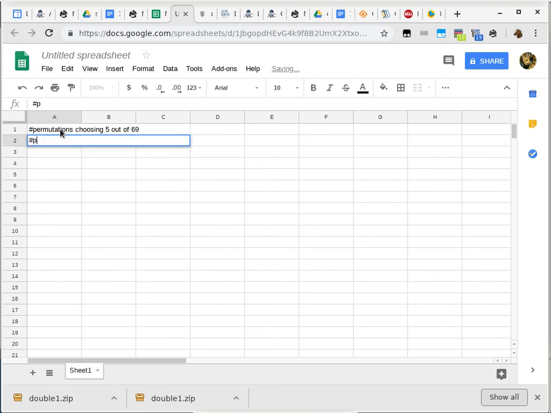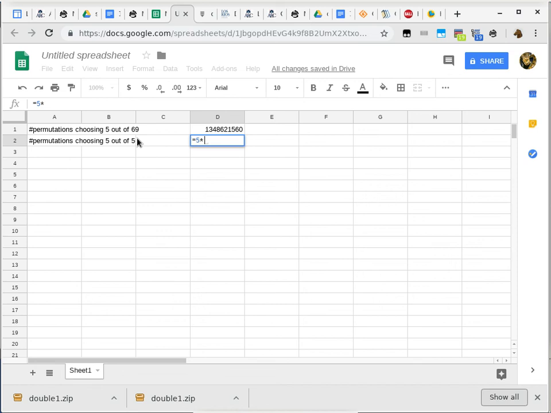And this is going to be the number of permutations choosing 5 out of 5. And then we plug in the numbers that we have already computed. So this is just 69 times 68 times 67 times 66 times 65, which is a pretty big number. And then the next one is 5 times 4 times 3 times 2 times 1, which is 120.